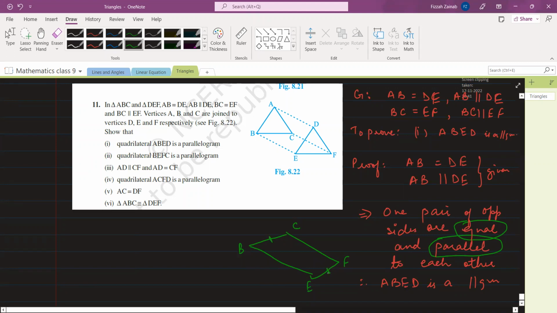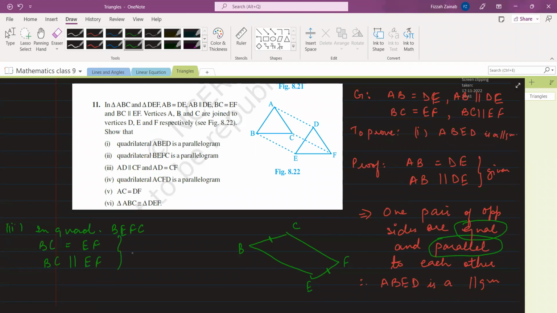Again, same theorem we will use. Right? So in quadrilateral BEFC, BC is equal to EF, right? And BC is also parallel to EF. Both these two things are already given to us.